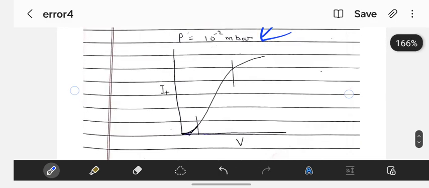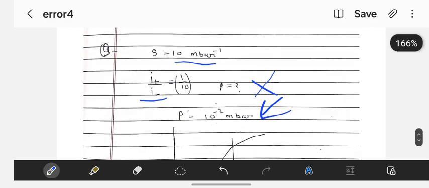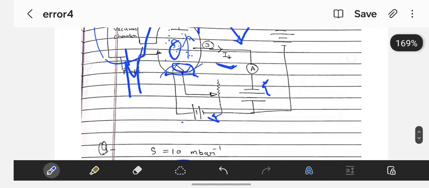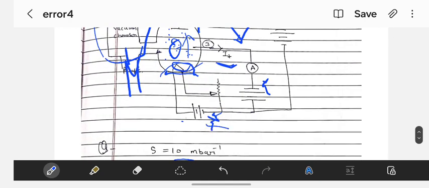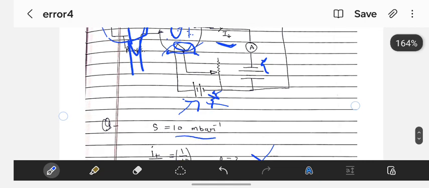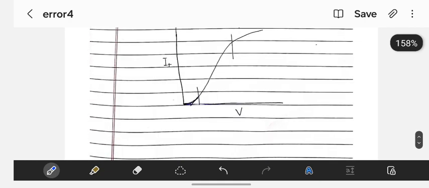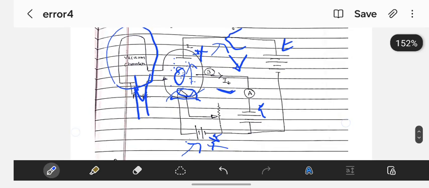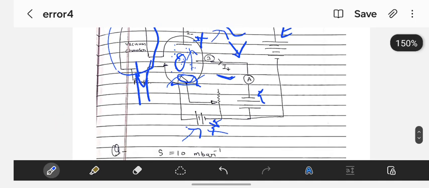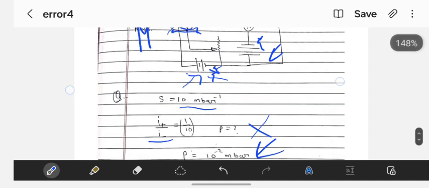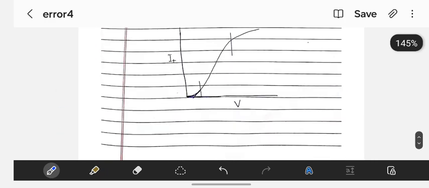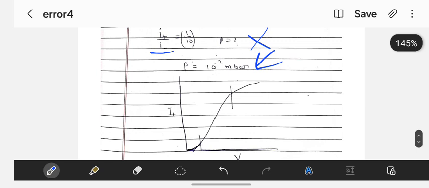Now if we want to plot V and I positive, what is V here? V is this potential, this one. The more the V, the more the I positive current is increasing.